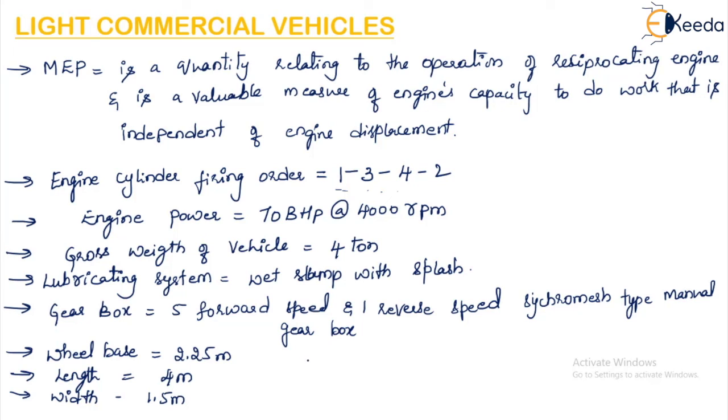And the last quantity is the ground clearance. Ground clearance, as I have already told, is the distance between the lowest frame of the vehicle and the ground. It is almost the same for all the vehicles, that is 0.175 meter approximately.